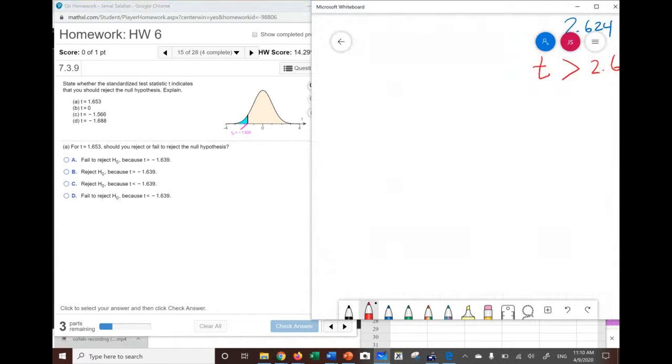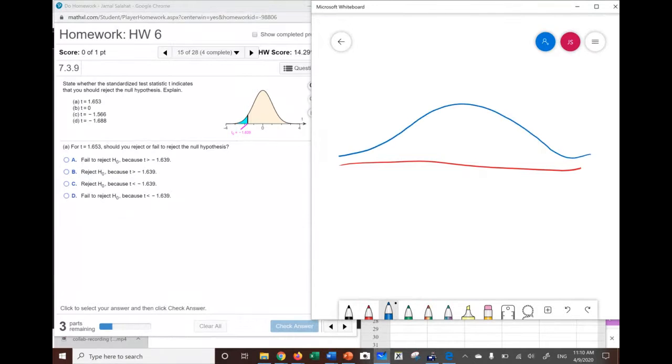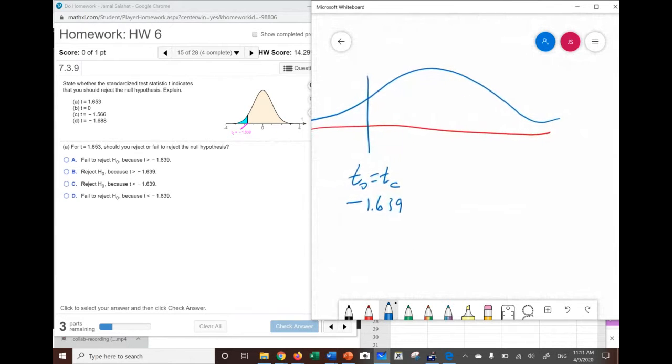So let me point to this. Here's what we have. The t critical is on the left. It's given in the picture. t0 or t critical is negative 1.639.